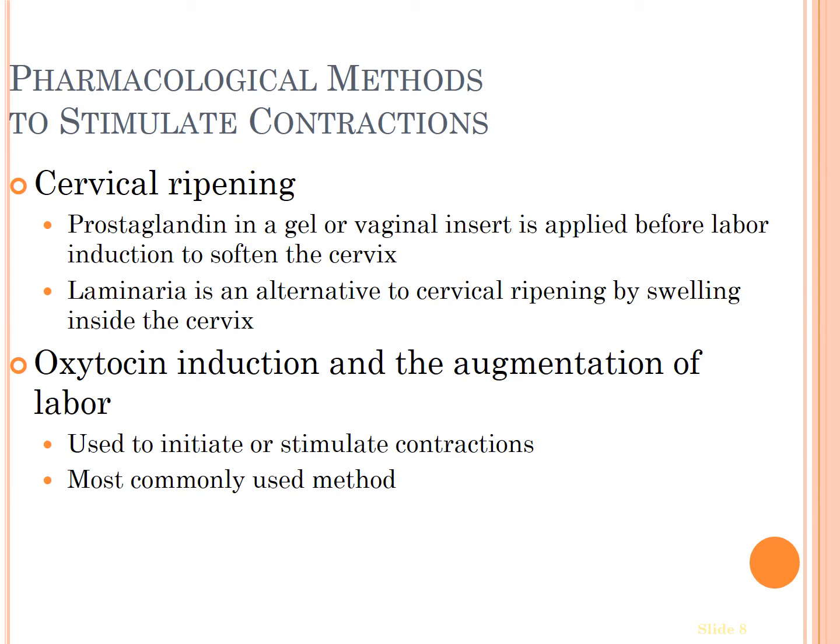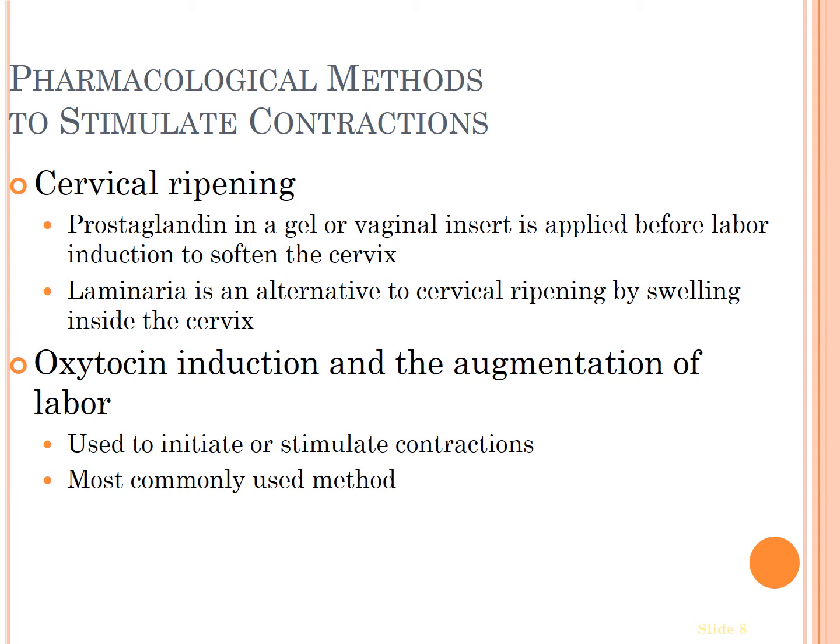Also, laminaria is an alternative to cervical ripening. It's wrapped up real tight. It looks like there are different sizes, but it's actually not much wider than maybe a nail, okay? What it is, is seaweed.